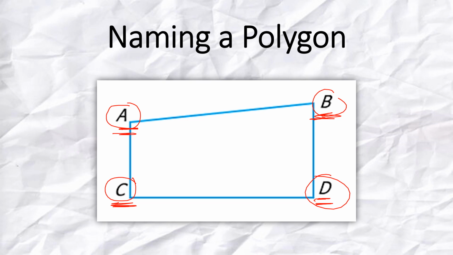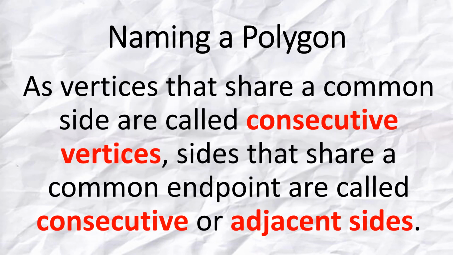But it cannot be named as polygon A, B, C, D. This is incorrect. As well as B, A, D, C. This is also incorrect. So you must follow the consecutive order of your vertices. So it can be polygon A, C, D, B, or B, A, C, D, as long as you follow the correct order of your vertices according to the given polygon.